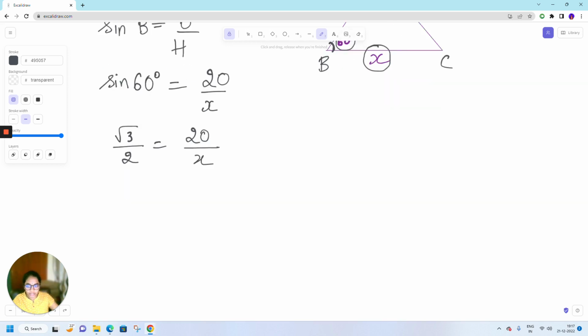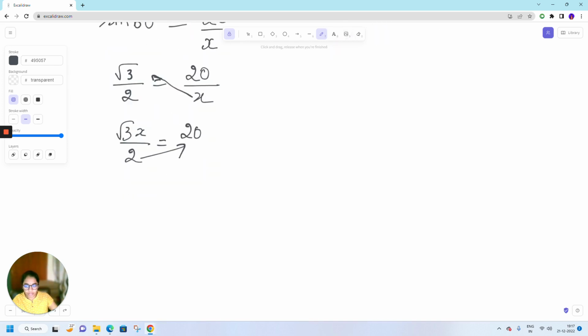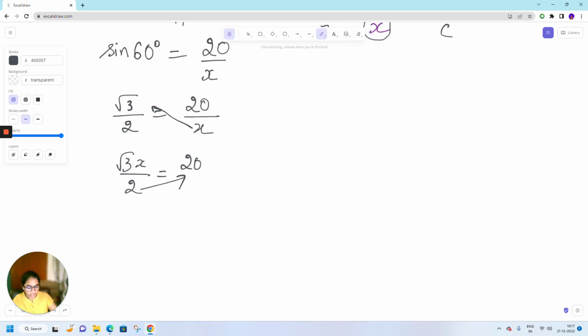Okay, so let me simplify for x now. Let me send this x to the LHS. So that would be root 3x divided by 2 is equal to 20. Let me send this 2 to the RHS. Division becomes multiplication. So I would get root 3x is equal to 20 into 2, that is 40.